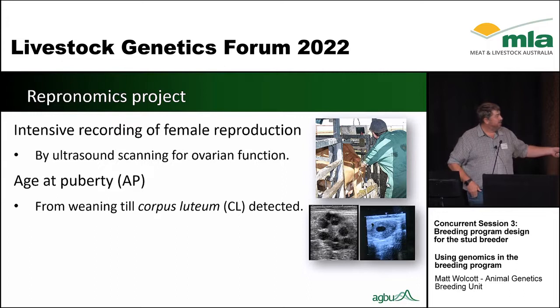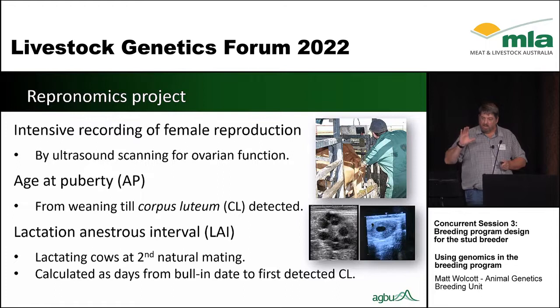All of the little black dots within that ovary are follicles which have yet to reach that functional reproductive stage, where the one on the right is an ovary which is dominated by a single corpus luteum, and that identifies an animal that's cycling and is reproductively active.